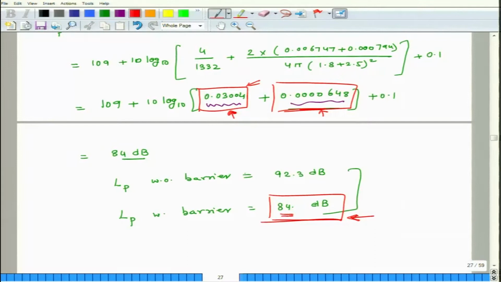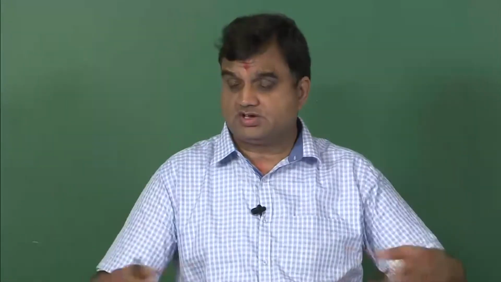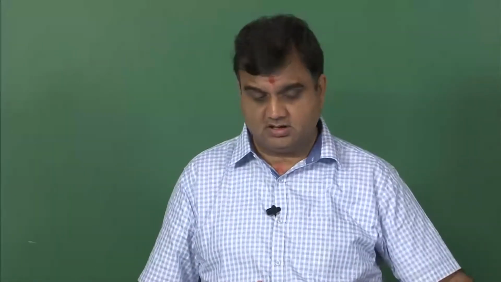So, we do get a good amount of sound reduction with barriers located inside a room, but the magnitude of this reduction is not that large compared to placing the same barrier outside, where it is a much larger reduction.